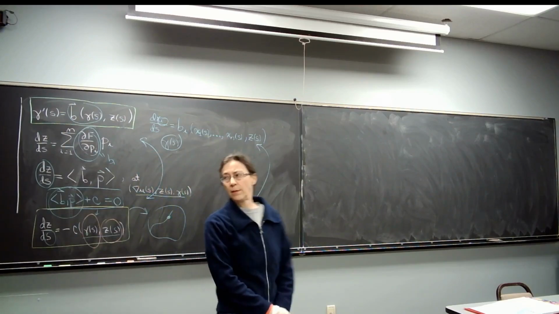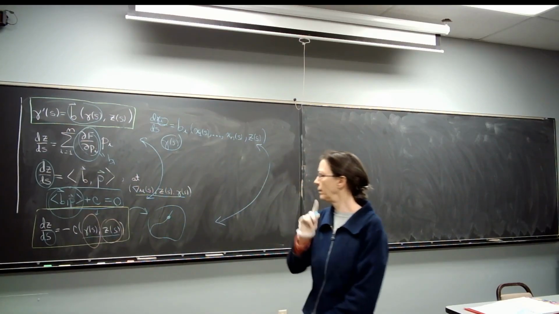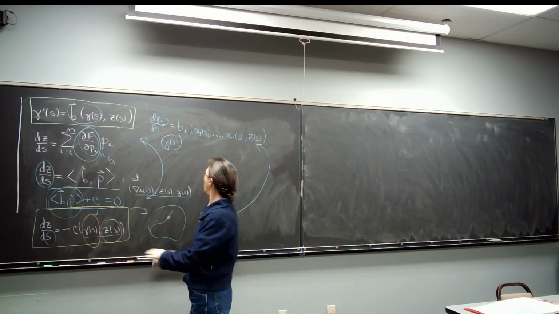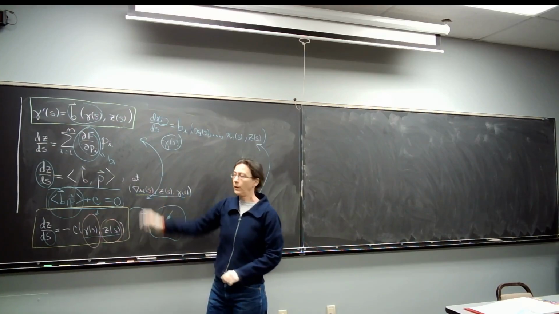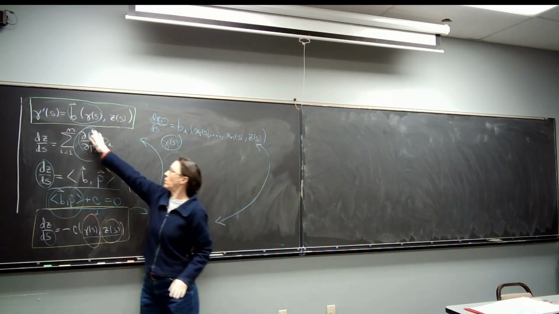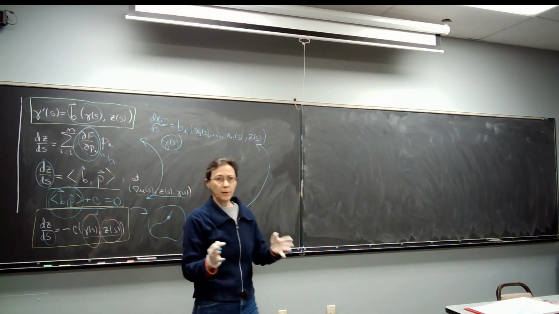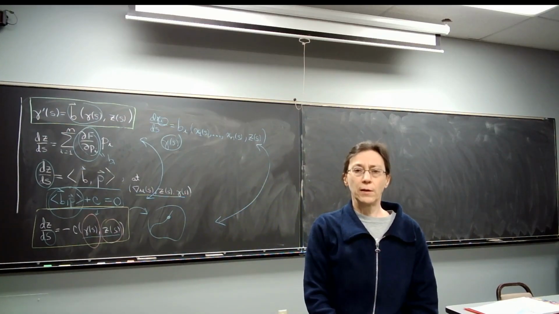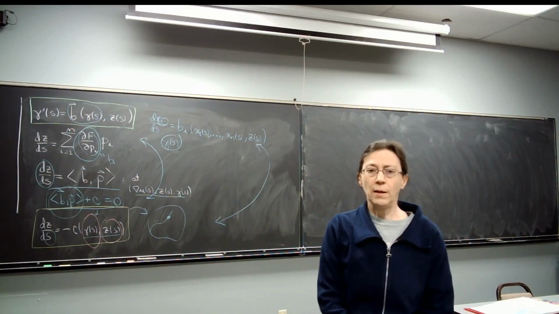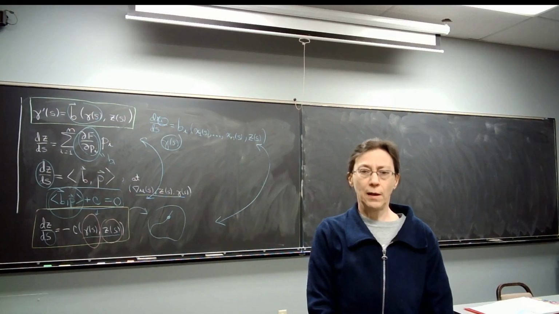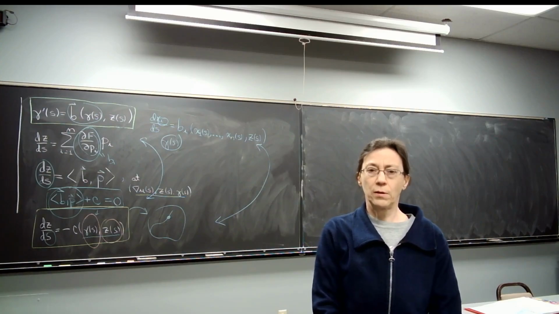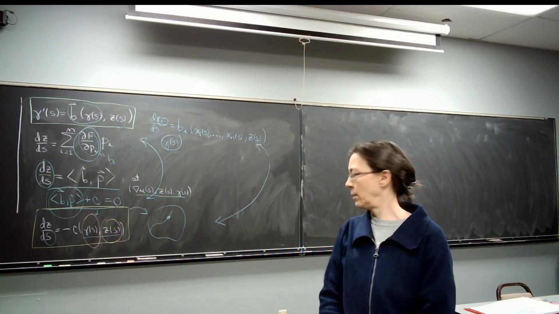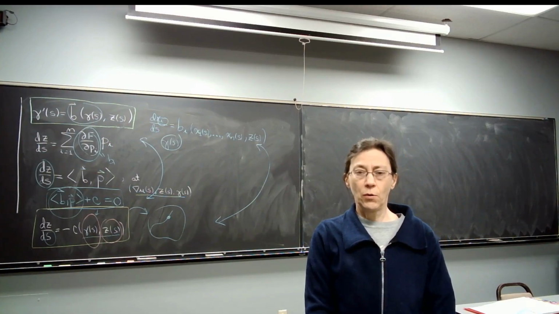Sorry, let me not go on to z before I finish with gamma. In a fully nonlinear case, these coefficients would have dependence on p also. And so in the fully nonlinear case, the whole system consisting of 2n plus 1 equations needs to be solved.